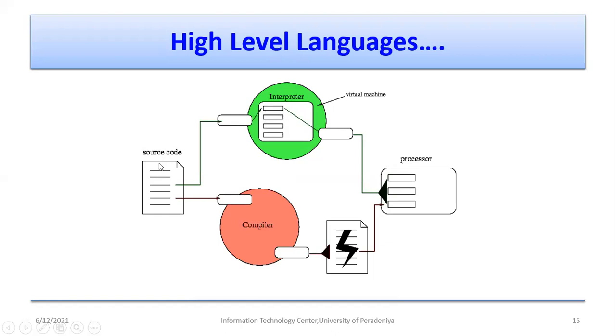Likewise, the interpreter takes line by line from the source code, converting and executing. But the compiler takes the entire source code at once and converts it into the executable program, and then that executable program will be executed by the processor. So that is the difference between compiler and interpreter.